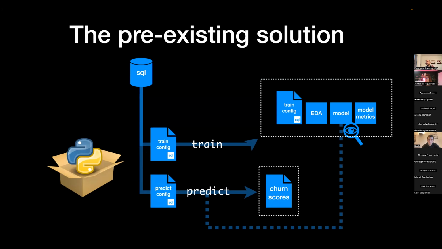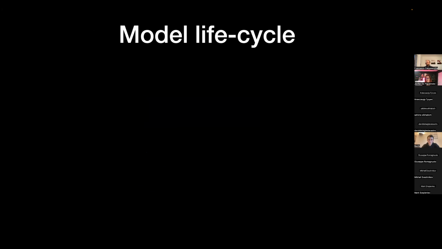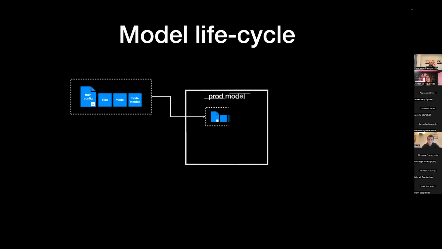Now let's maybe zoom in and consider the model lifecycle. What was the problem that was bugging me the most about the current setup? Suppose you train a model. You get this output, you put it in production, meaning that this pickle model is used to produce the churn scores, all good.